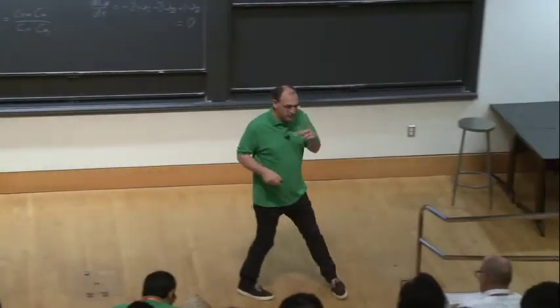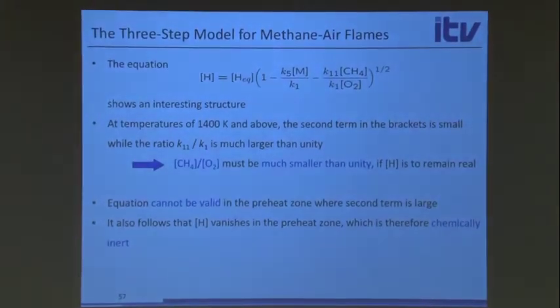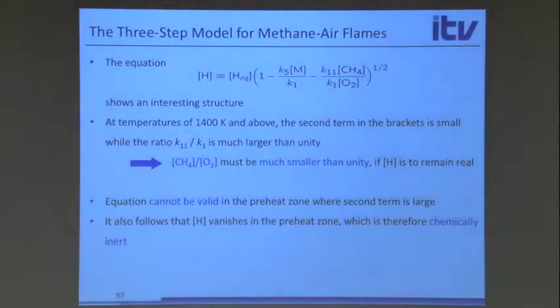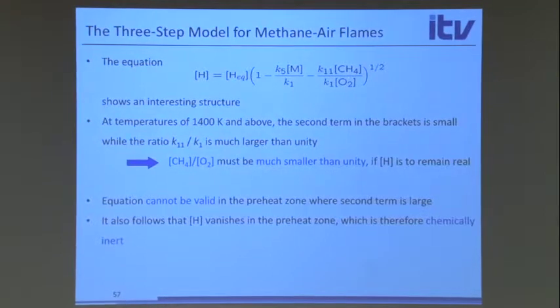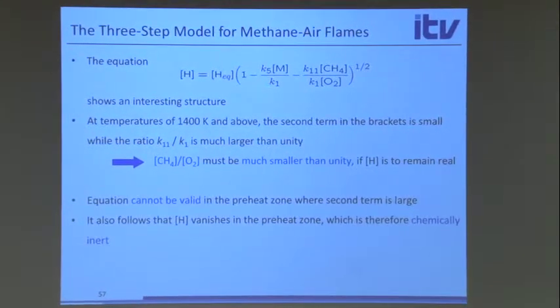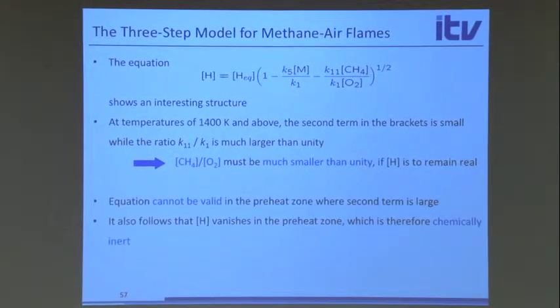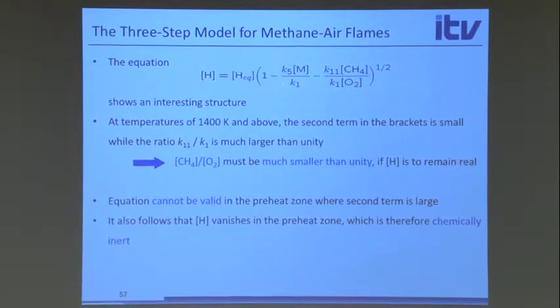And there is actually an interesting lesson to be learned. So at temperatures above 1400 Kelvin, high temperatures, the second term here in the brackets becomes very small. That's what we saw earlier, okay? So the first one here, because this is divided by K1, the chain branching reaction, the first term here is basically the chain branching by reaction 1.